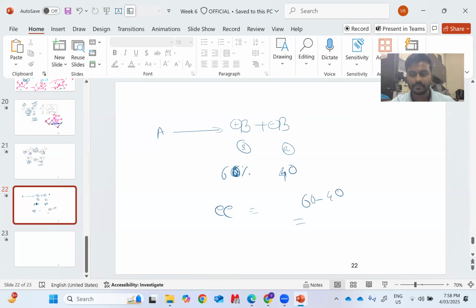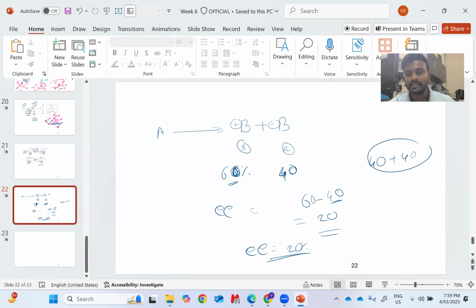It will be 20. So the enantiomeric excess will be 20% here, because this 40 and the 40 from this, both are 40 plus 40, they get racemized, right? And that's why the optical rotation due to both 40 and 40 will be zero. But whatever is in excess, in this case the 20%, that 20% is the enantiomeric excess in this case. So you should probably be aware about the enantiomeric excess.